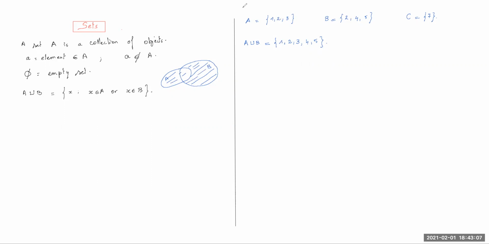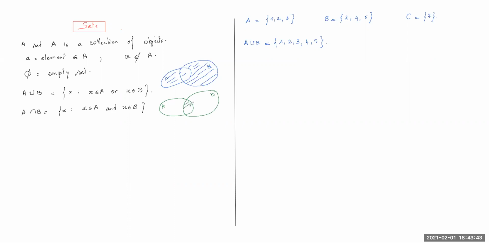Now let's define the intersection, the common points. I will take all the elements that are common, both in A and in B. If I want to illustrate this with a Venn diagram, I look at the points that are in A and B simultaneously.